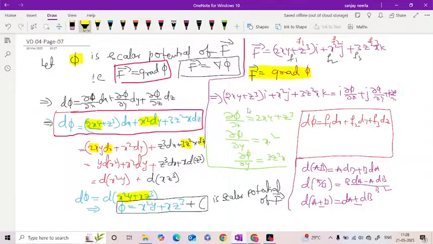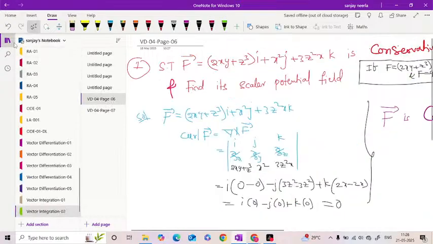Now gradient of phi, we are getting dou phi by dou x is equal to 2xy plus z cube, dou phi by dou y is equal to x square, and dou phi by dou z is equal to 3z square x. Now after substituting we will get phi is equal to x square y plus x z cube plus c is the scalar potential. So this is our result.